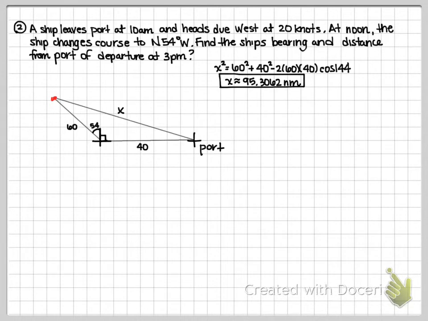Okay, so I went ahead and set up my law of cosines, plugged in the information that I know, and it looks to me like the distance from the port of departure is about 95 nautical miles. I again know I'm going to be using this, so I would store it somewhere, so probably store it as x, and then I'm going to go ahead and find that angle from the port.